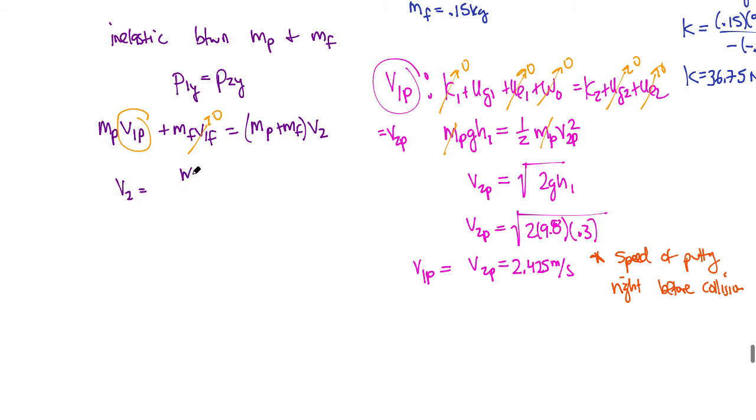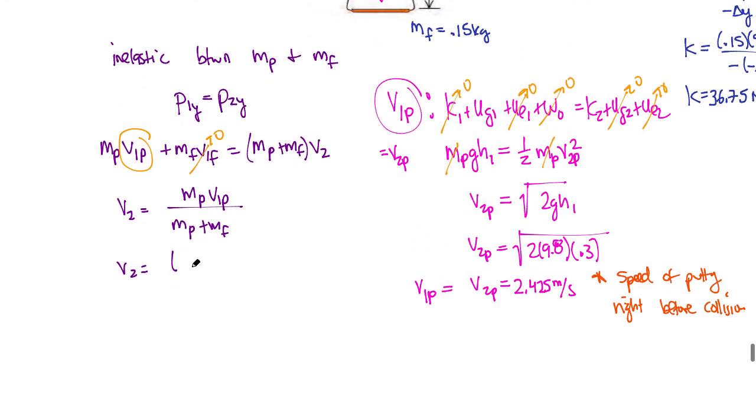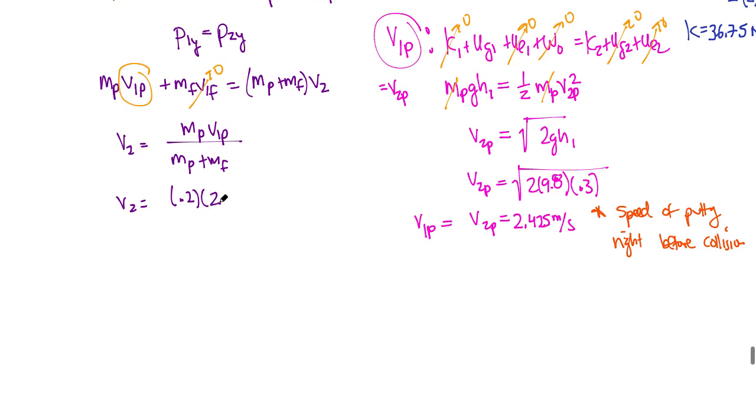So V2 is going to be mass of the putty times this V1 of the putty, that we're slightly misnaming here, over the total mass of the putty and the frame. So V2 is going to be the mass of the putty, which is 0.2 kilograms, times this velocity we just found, 2.425, over the 0.2 plus the 0.15.